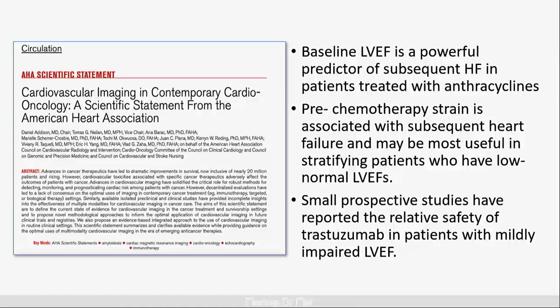It is also incorporated that strain has been shown to have significant prognostic information. And there are several small studies where certain therapies like trastuzumab can be carried out even if the patient has evidence of underlying LV dysfunction, which is borderline or in a mid-range ejection fraction.